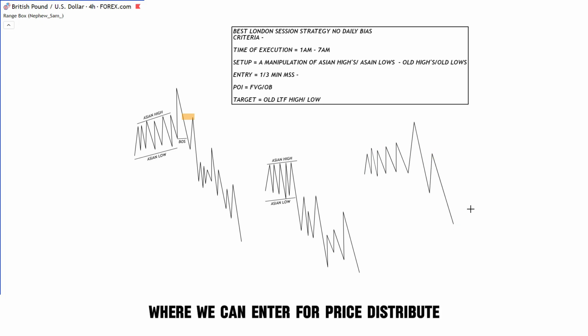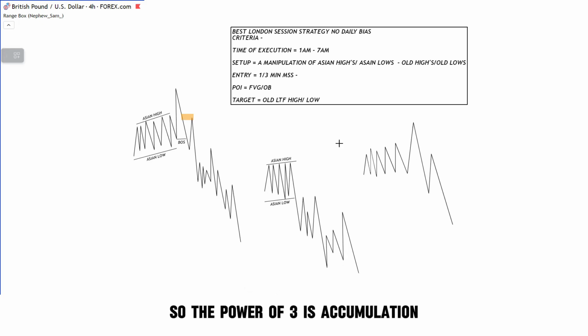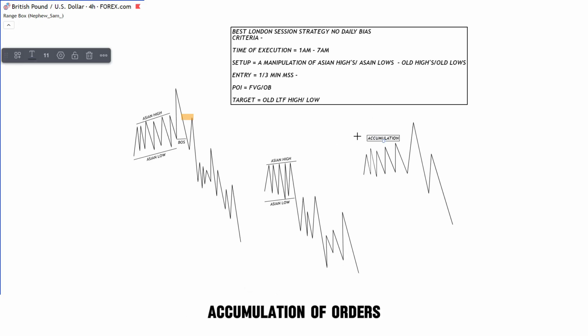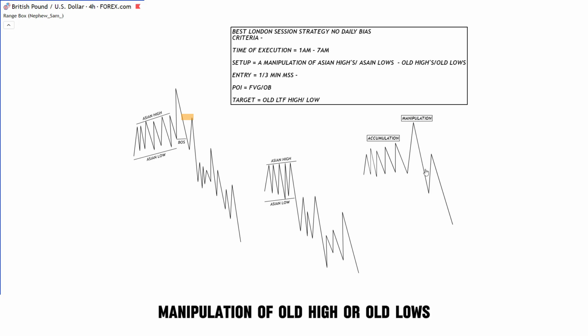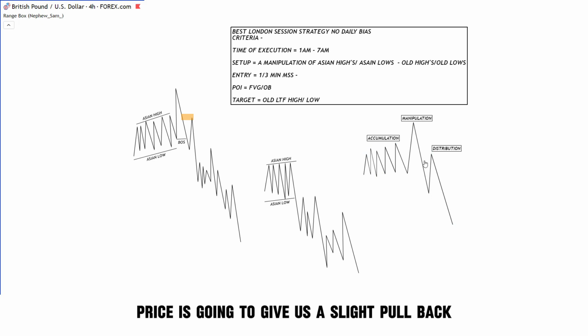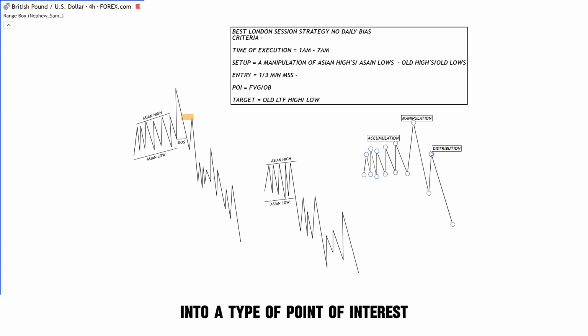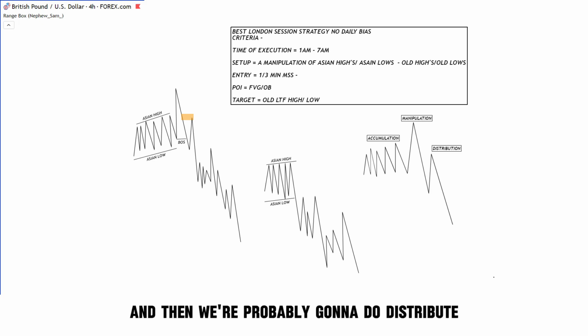So the power of three is accumulation of orders, manipulation of old highs or old lows, and distribution, where price is going to give us a slight pullback into a point of interest where we can enter, and then price is going to distribute.